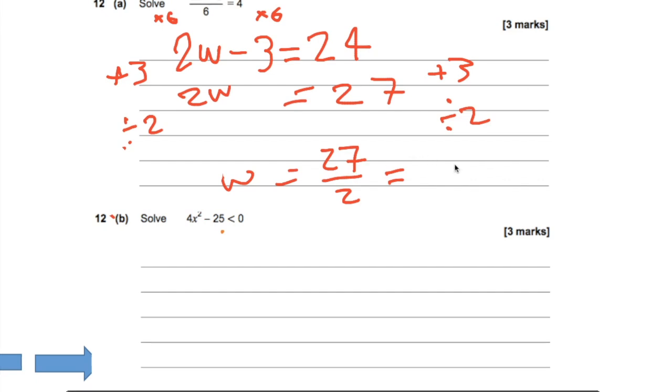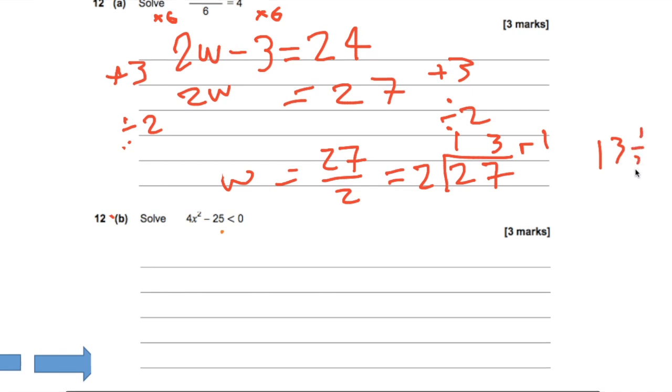That would be enough for the marks, but we could write 27 divided by 2: how many 2's go into 27? 13, remainder 1. So it's 13 and a half, or 13.5. So we've got it in multiple different formats, but they all mean the same thing. So 13.5 is your answer, and you get the marks for that on this question.